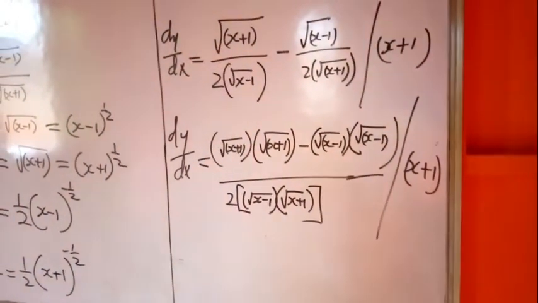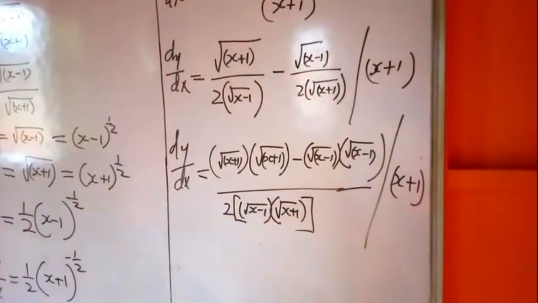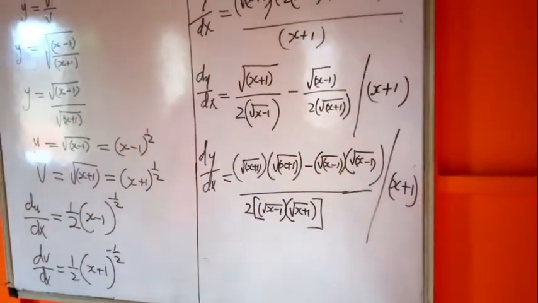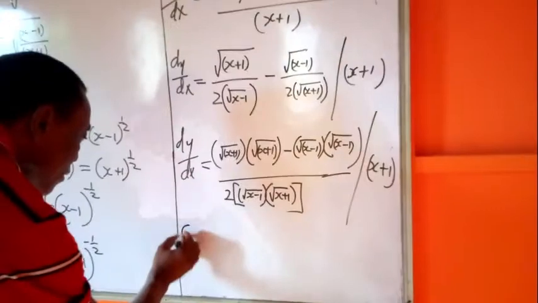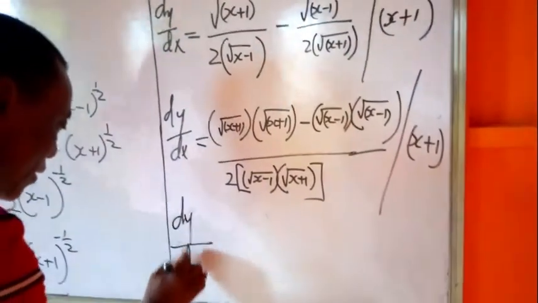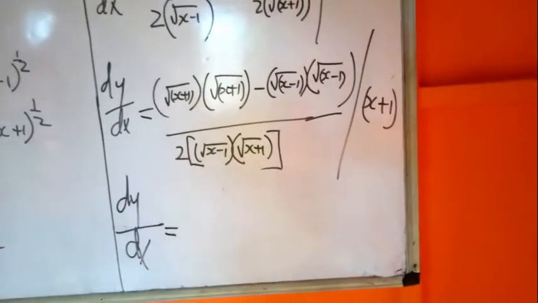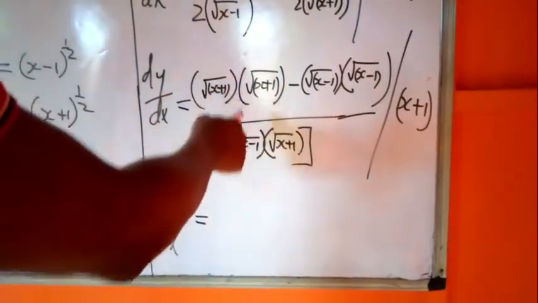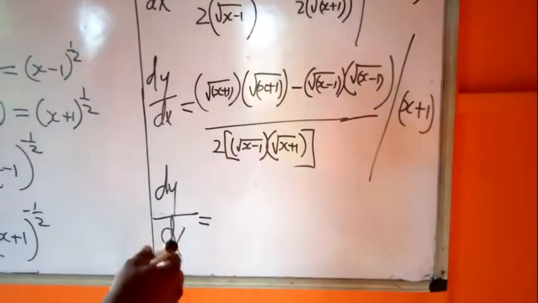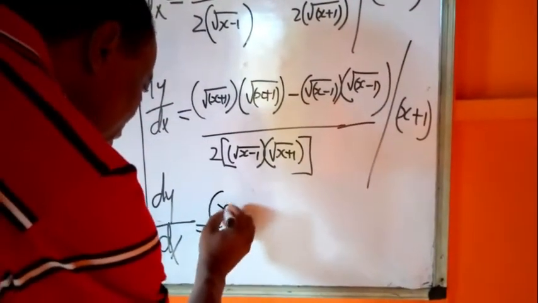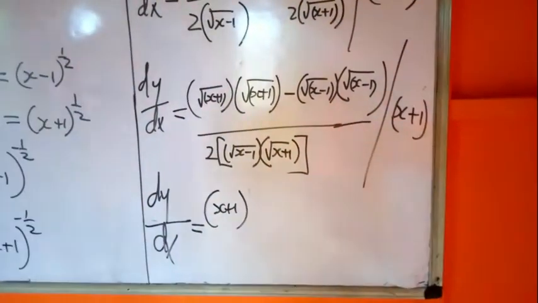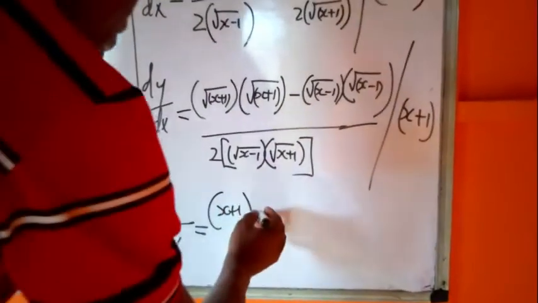So let us do our multiplication. Dy dx will now give us root x plus 1 multiplying root x plus 1 will give us x plus 1. Then you put your minus there.